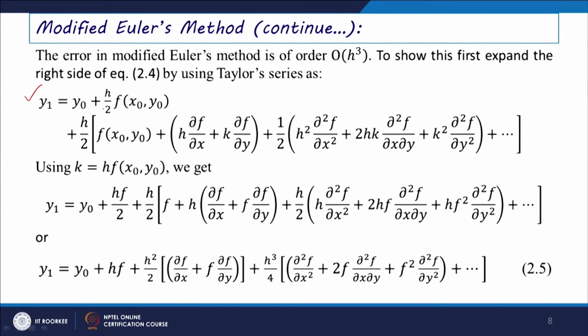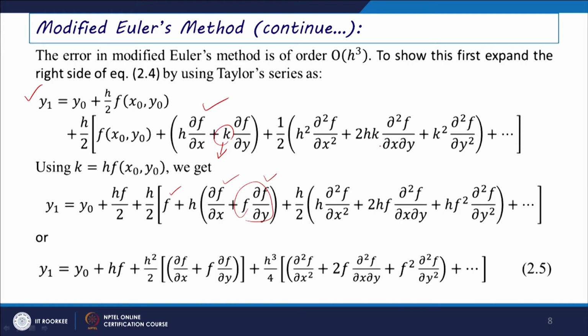If we use k equals h f of x0 y0, then we get the series y1 equals y0 plus h f by 2 plus h by 2 times f plus h into del f by del x. Since k is replaced by h f of x0 y0, h can be taken common, and f can be multiplied with this term, so it can be written in a compact form.